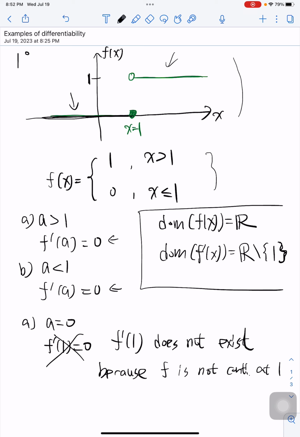So as you can see, after the derivative, the domain becomes smaller by excluding the point 1. It's quite normal that after the derivative, your domain can change. Sometimes it won't, sometimes it does, depending on the function you're working with. All right, so let me give you another example.